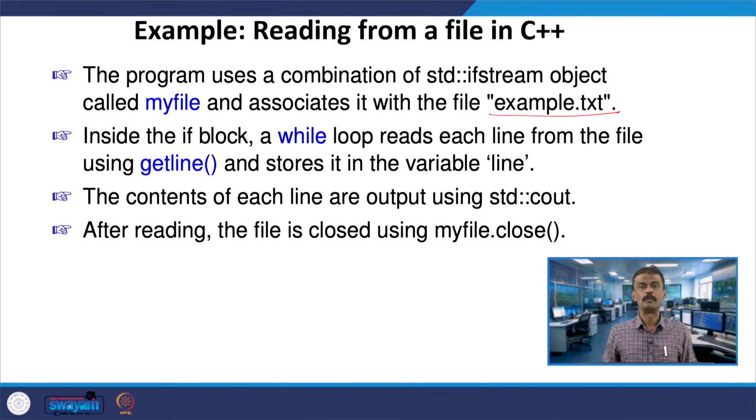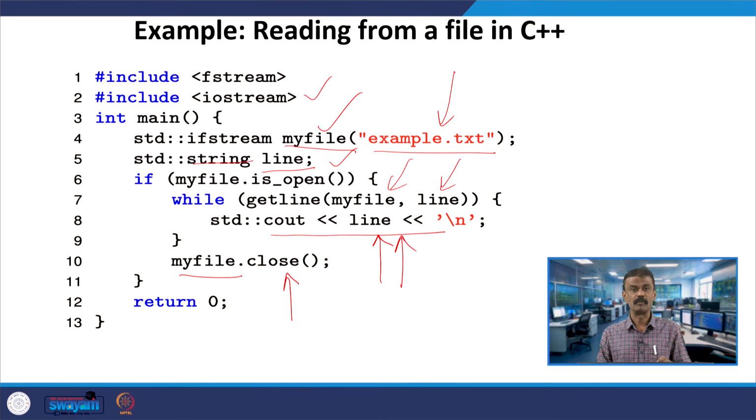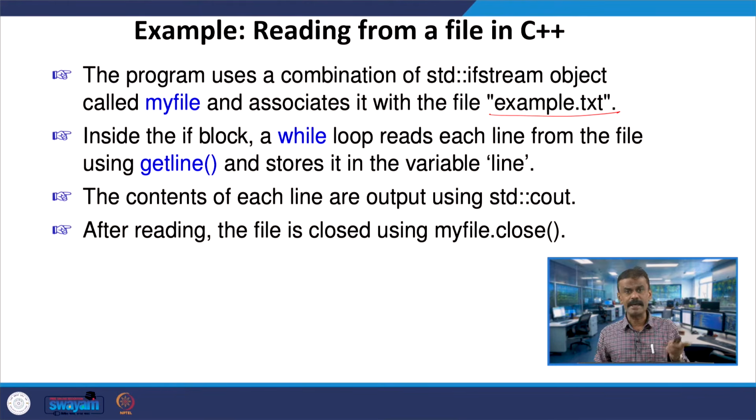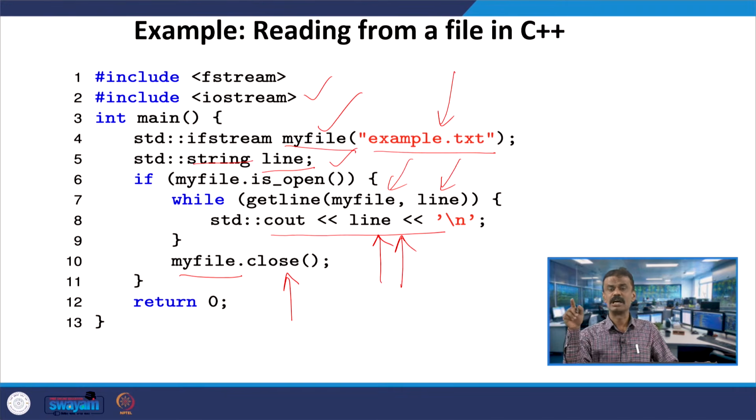The while loop is reading line by line from the file using the getline function, the inbuilt member function, correct. My file is an object and line is a variable of type string, correct. Each line is stored in the variable line.